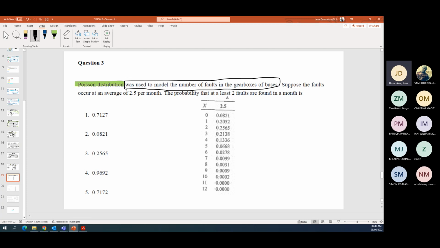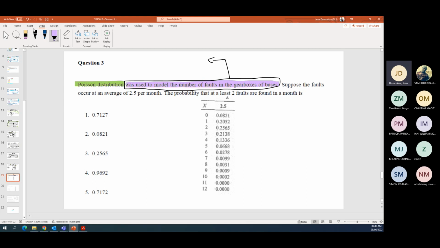If I said we used a distribution to model the number of faults in a gearbox of buses, you can still think of it as binomial, because faults happen, faults do not happen. With just this part, we wouldn't have known if it was binomial or Poisson.